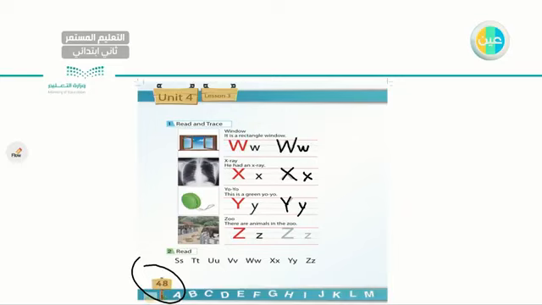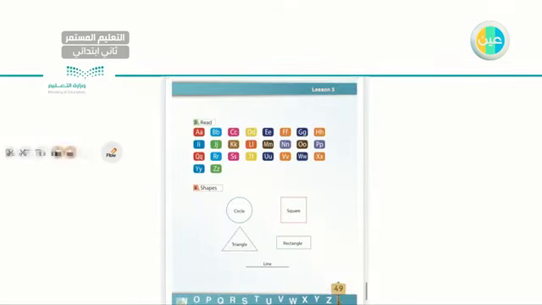I have zoo. There are animals in the zoo. Okay, so let's write capital Z and small z. Very good. Let's go to the next slide. For the next slide, I have the English alphabets all together. Let's read them this time faster.